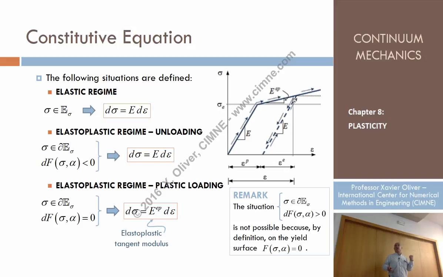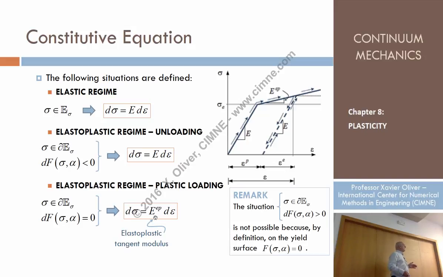The other possibility is that, being f equal to 0, the increment of f is also equal to 0. So f being on the yield surface, the point remains on the yield surface. And then the increment of stress is no longer ruled by this slope, but by this slope, which is called the elasto-plastic tangent modulus.